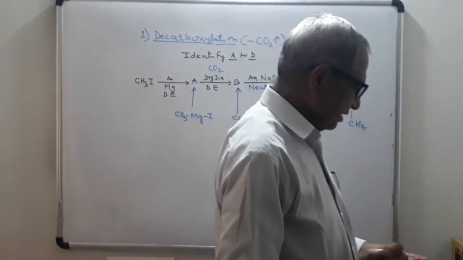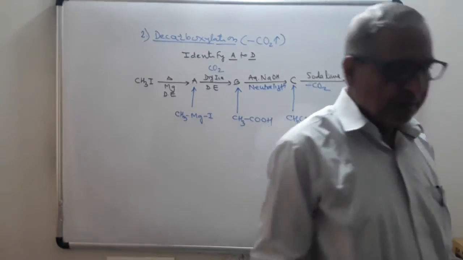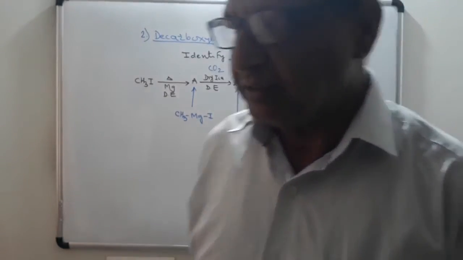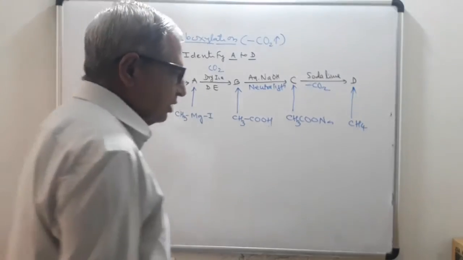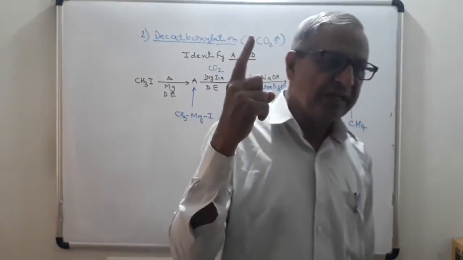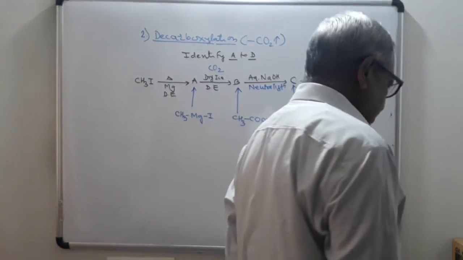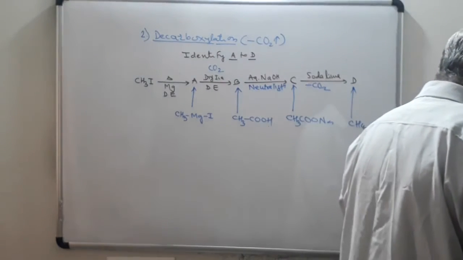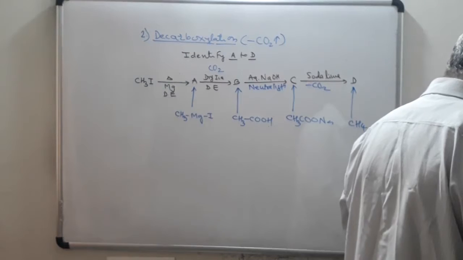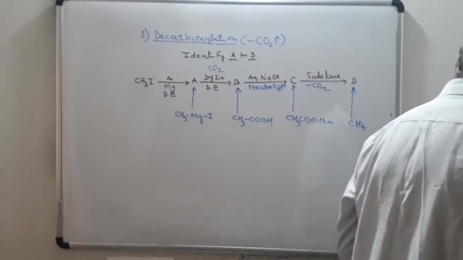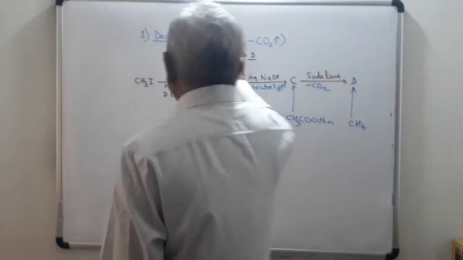So these are the important reactions here. We completed the third type of reactions involving the COOH group, two reactions. The first reaction is the formation of primary alcohol. The second reaction is decarboxylation. Now we are going to learn the last type of reaction, that is substitution reaction in the hydrocarbon part.